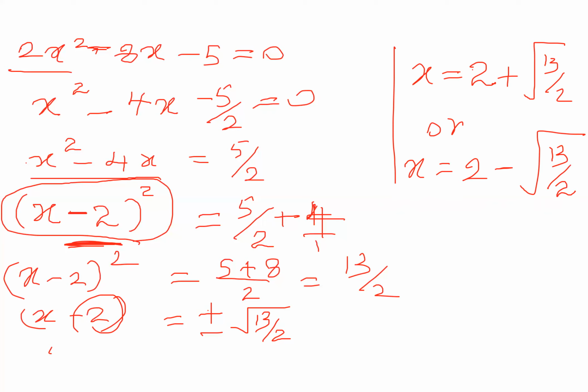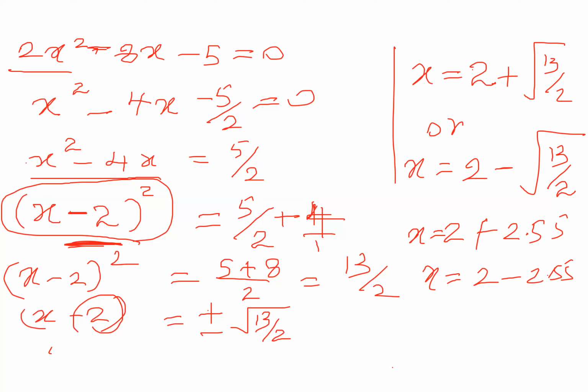This square root of 13 divided by 2 you can get by using your calculator. I think that value is equal to 2.55. Then one value is x equals this value, and the other is x equals minus 2.55.